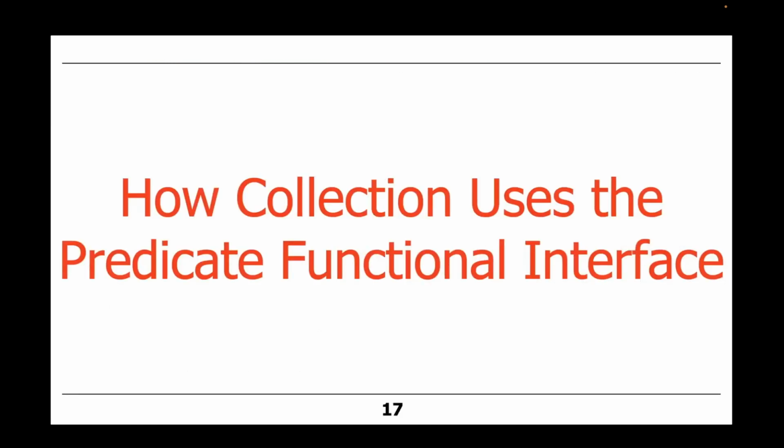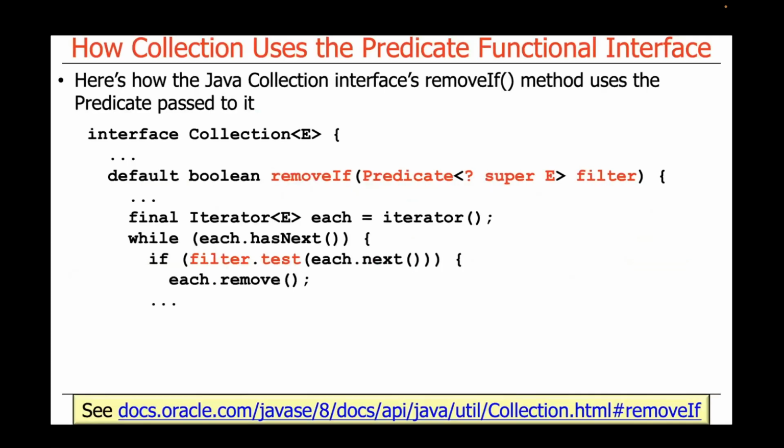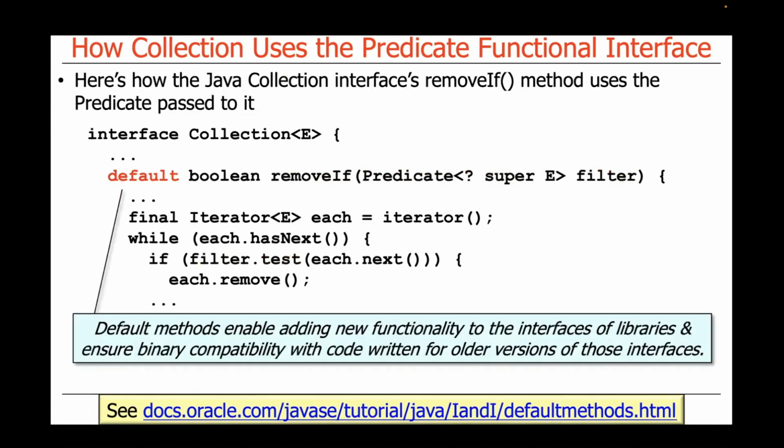So let's talk about how the Java collection interface uses the predicate functional interface. And here's the implementation of the removeIf method, which is part of the Java Collection interface. And you can see that with modern Java, namely Java 8 and later, there's actually a new type of method qualifier called default.